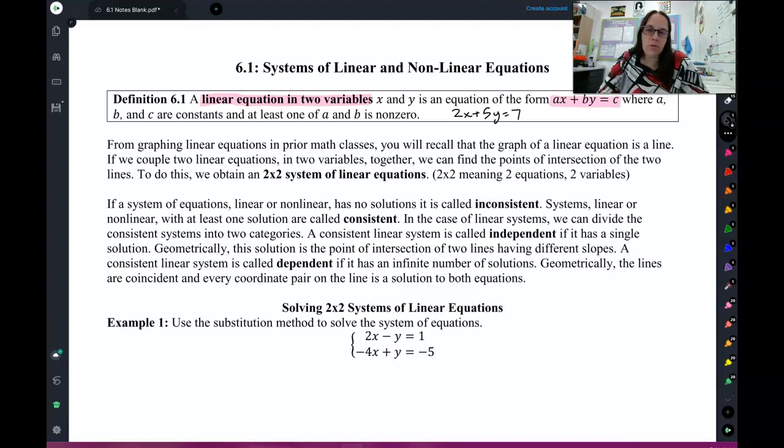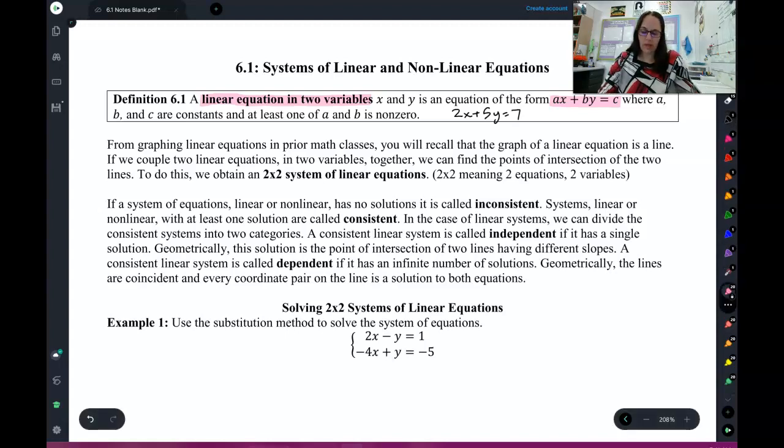Equations that have two variables, an x and a y, and a bunch of numbers. Now, a 2 by 2 system of linear equations means two equations, two variables. That's what 2 by 2 means. If you look, we have an example right here. I have two equations, and each equation has two variables, an x and a y.